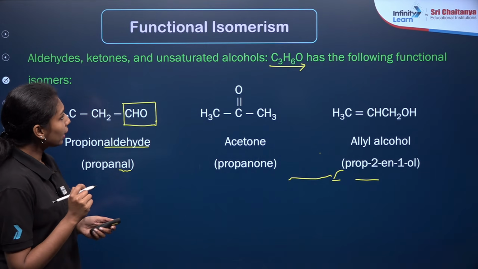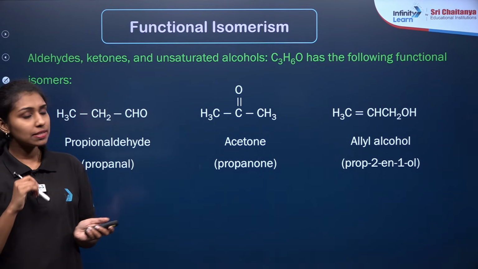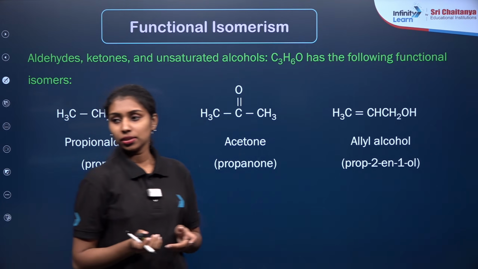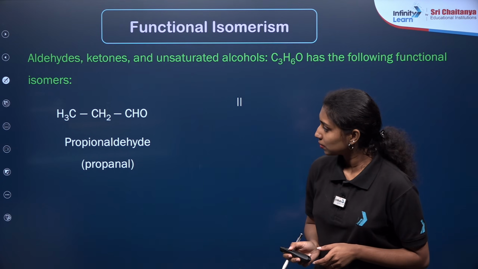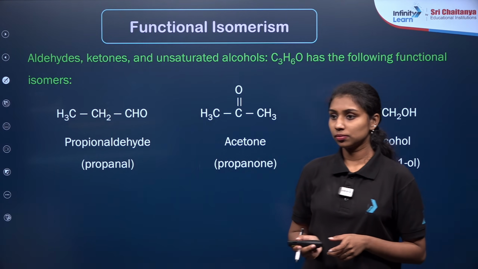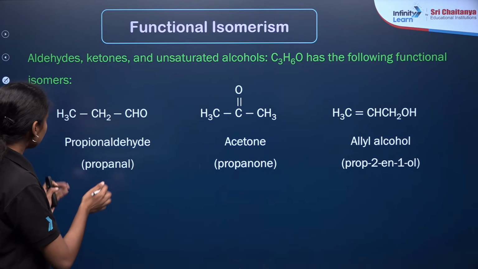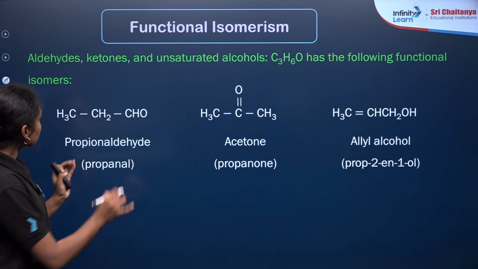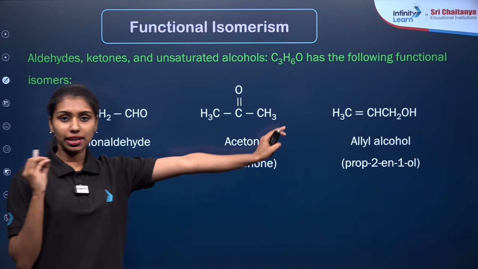Which point do I want to repeat? I'm repeating again in the case of this compound, right? So CH3, CH2, CHO, which means they will have a molecular formula of C3H6O.